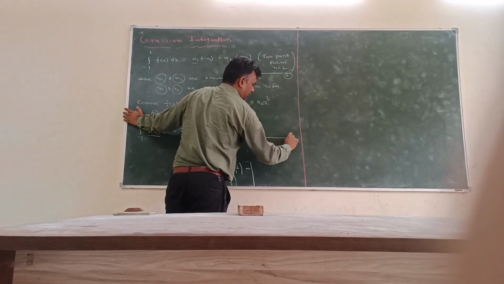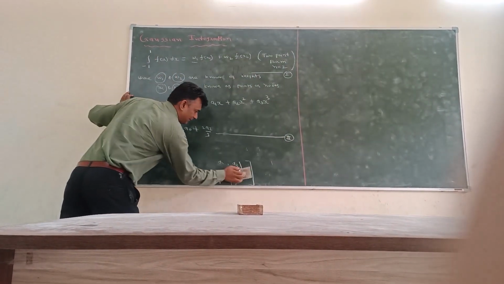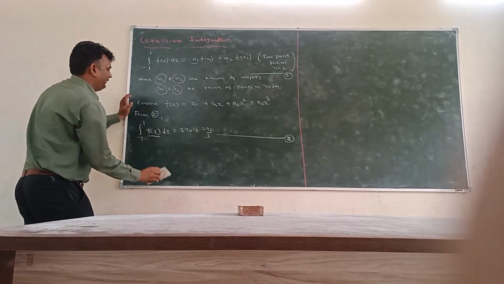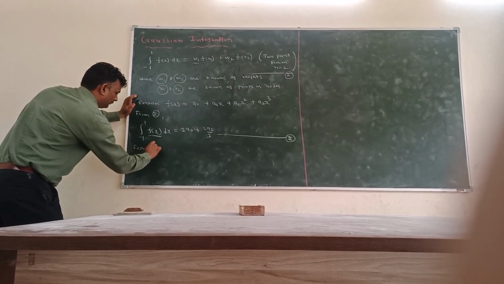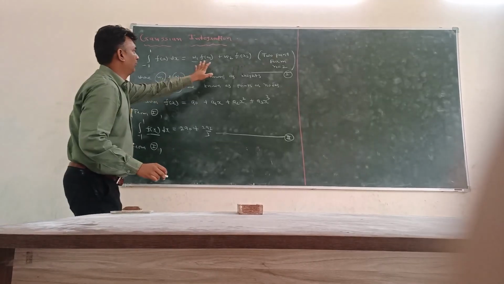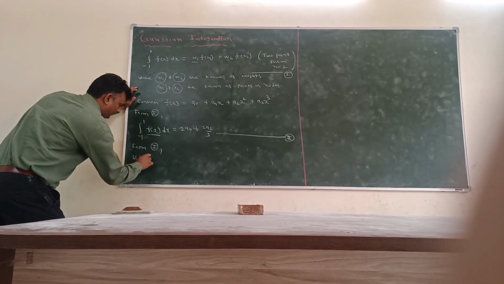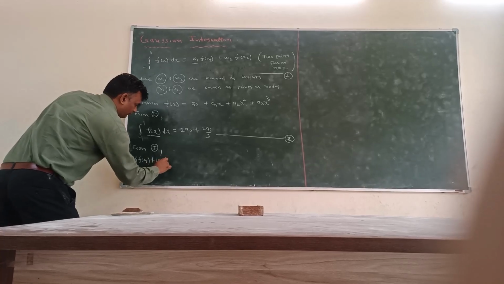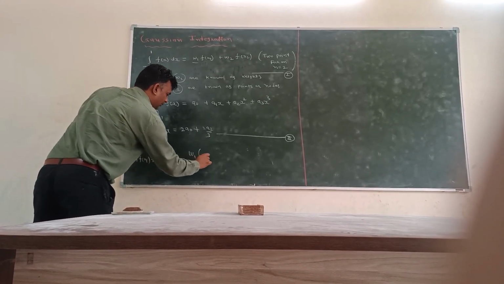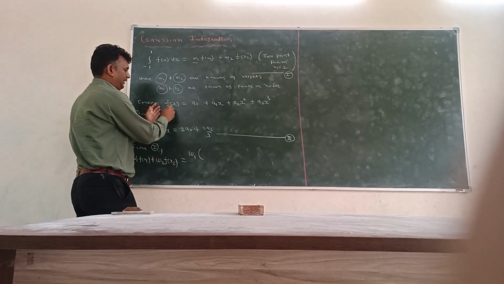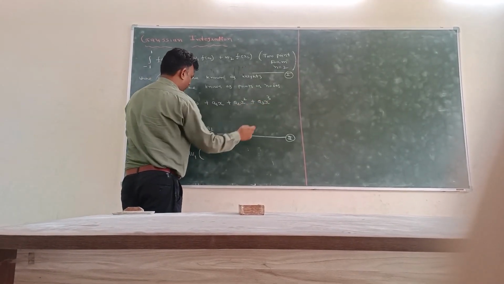Now once again, from 1, what is w1 f of x1 plus w2 f of x2? So what is f of x1? Here f of x is a0 plus a1x plus a2x square plus a3x cube.